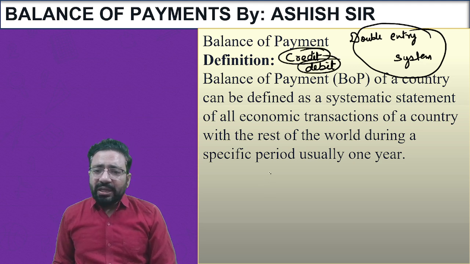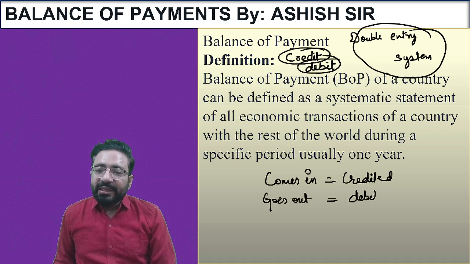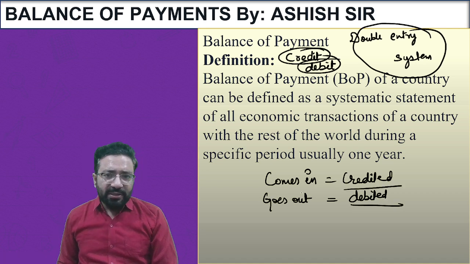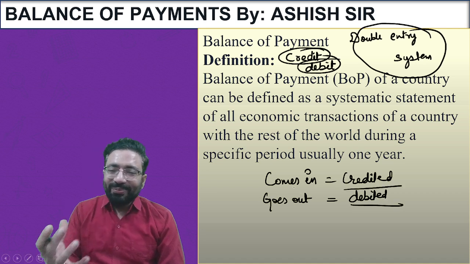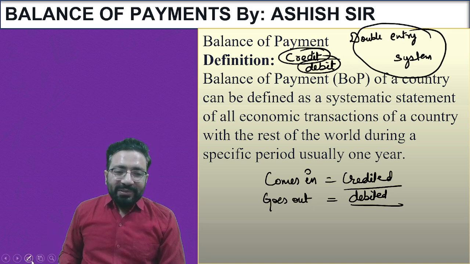Whatever comes in will be credited, and whatever goes out would be debited. This is the simple rule of balance of payment. Don't get confused with accounts; it's a simple type of account.